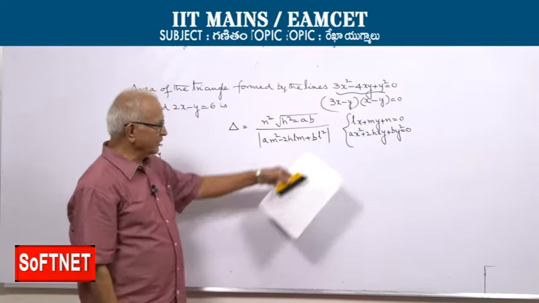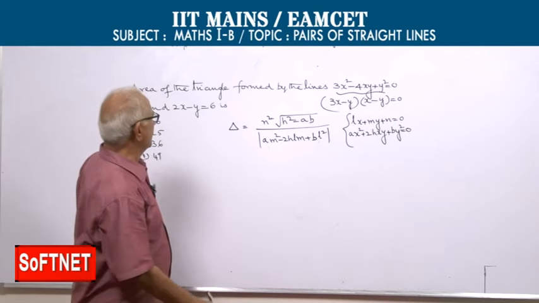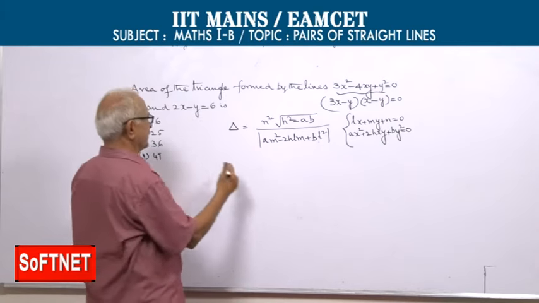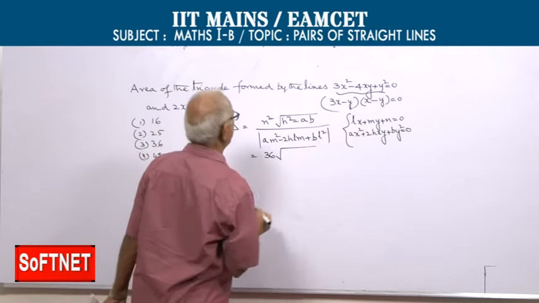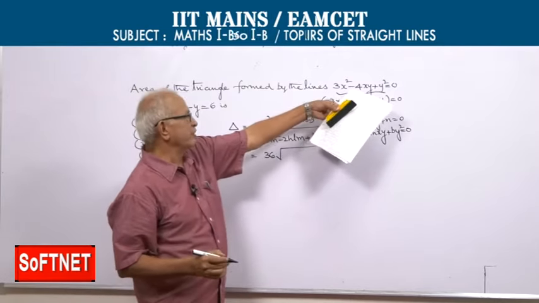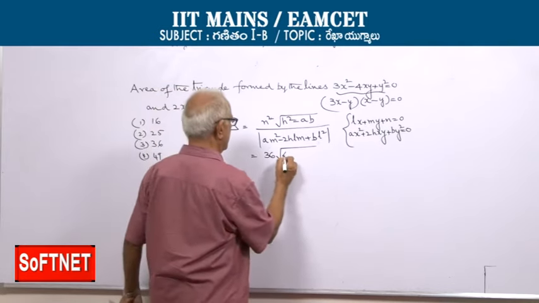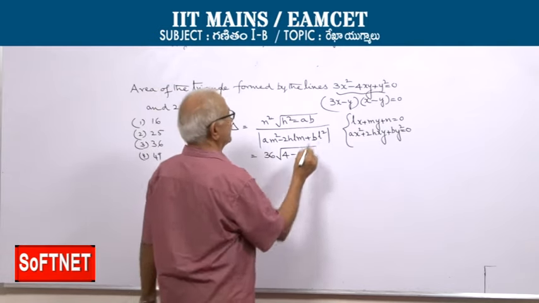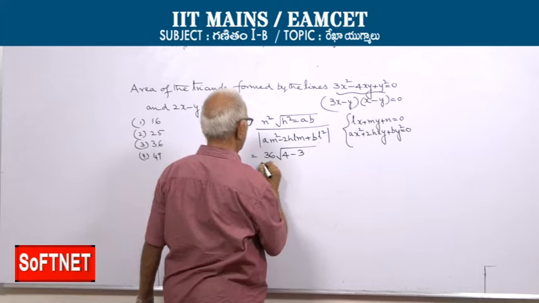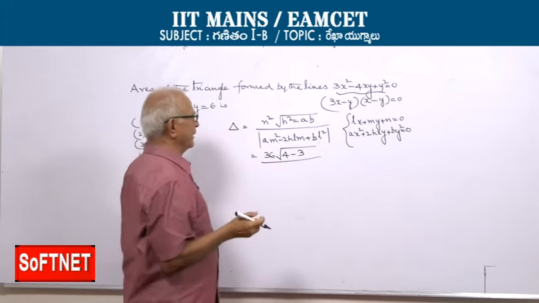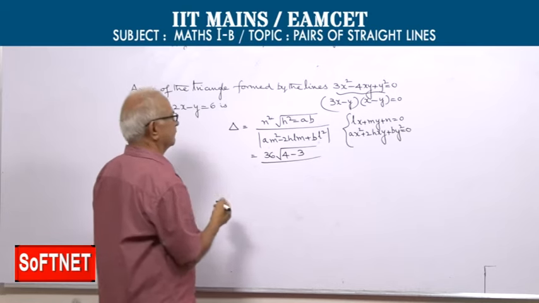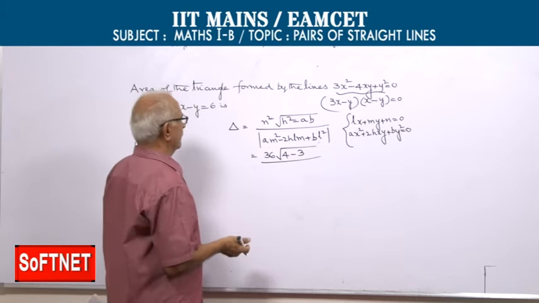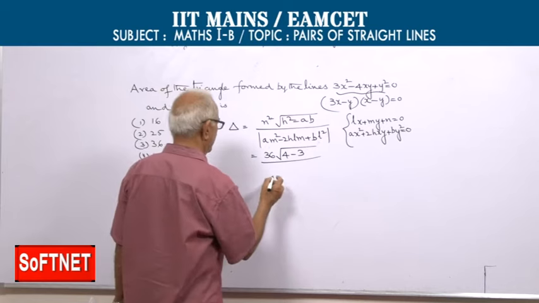Suppose you take the general case, what is n here? n is minus 6, n square is 36, h is 2 here, h square is 4, minus ab, a is 3, b is 1. m is minus 1, m square is 1, so a m square is 3.